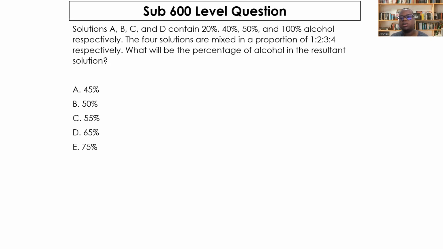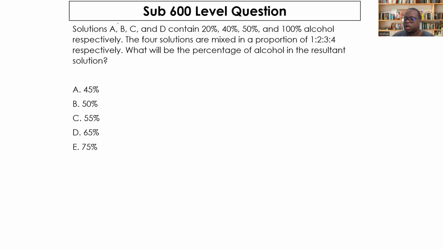What will be the percentage of alcohol in the resultant solution? So we have mixtures A, B, C, and D, each with a different composition of alcohol, and you're mixing all of them together to find what proportion of the mixture is alcohol. Pause the video, attempt this, then come back and take a look at it.